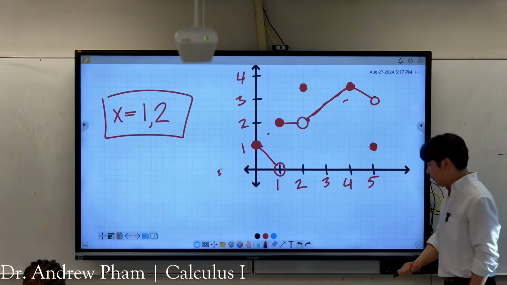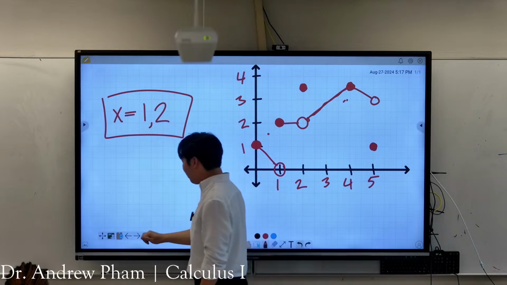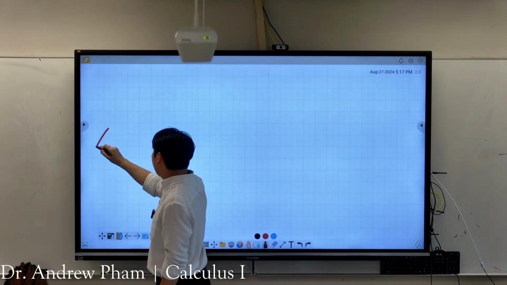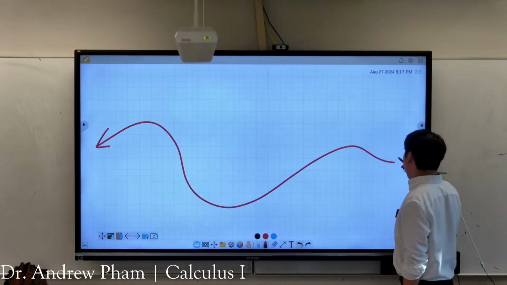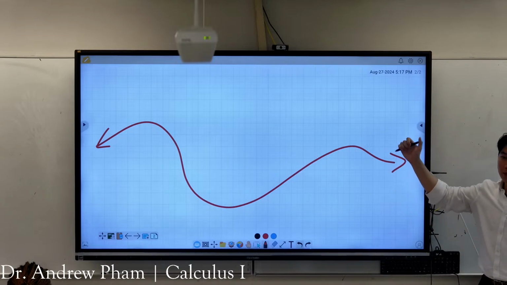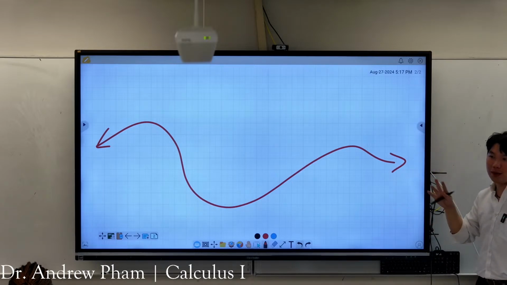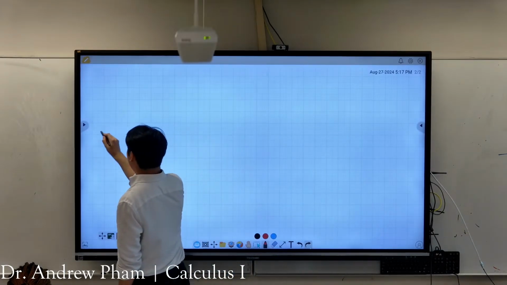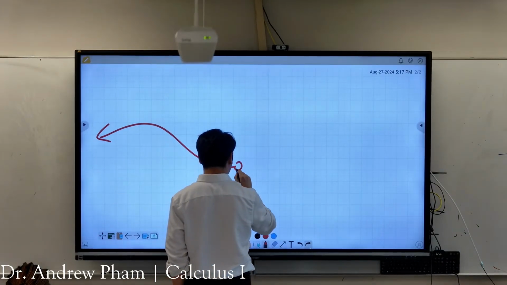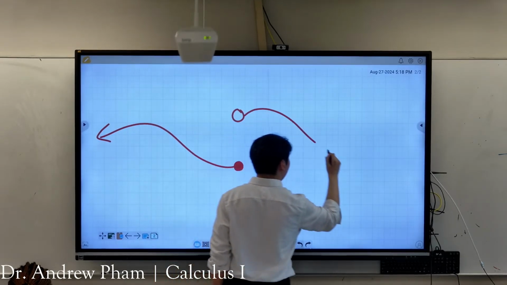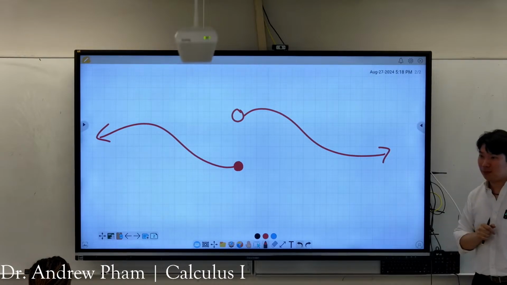All right, so very generically, you don't have to copy this next part because I'm just going to draw some random squiggle graphs. Would this be a continuous function? Yes, because I can just trace the entire thing. I don't have to lift my pencil at all. What if I had something like this? Is that continuous?